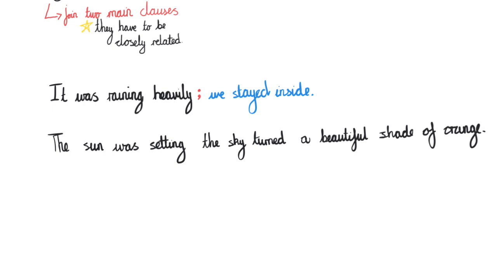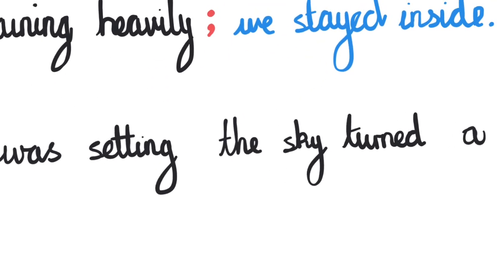So I've got the sun was setting. Now I've got a subject and a verb there, and I could put a full stop if I wanted to, so that tells me it's a main clause. Then I've got the sky turned a beautiful shade of orange. Again, I've got my verb and I've got my subject, and I've got my full stop at the end. Now these two sentences are linked, so in between them what I can do is include a semicolon.